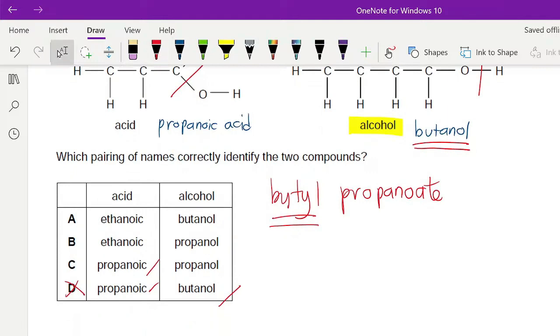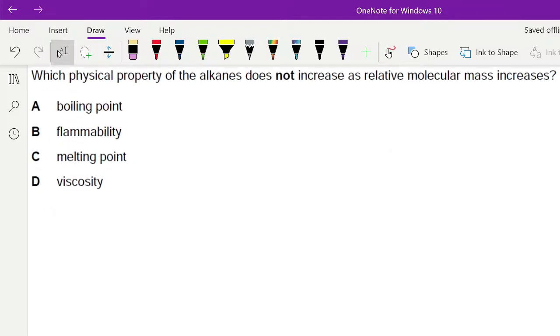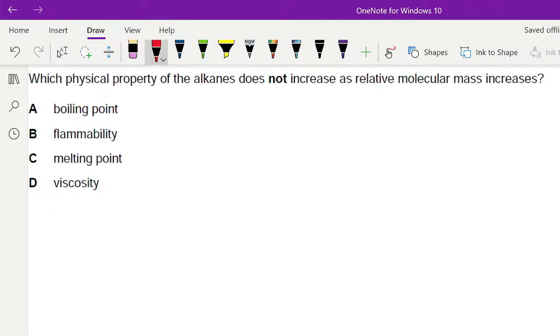D is the answer. Which physical property of the alkane does not increase as relative molecular mass increases? As you go down the homologous series, right, the chain becomes longer, molecular mass increases, so boiling point must increase. So that's not the answer. Flammability actually decreases because the bigger the molecule, the less likely it will evaporate.